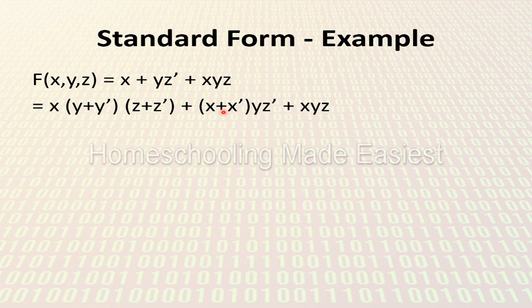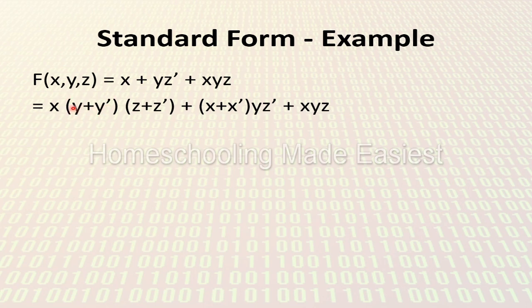What we will do with the first term is add the missing variables, which are y and z. Since only one variable, x, is present, we multiply it with the missing variable y plus y complement.